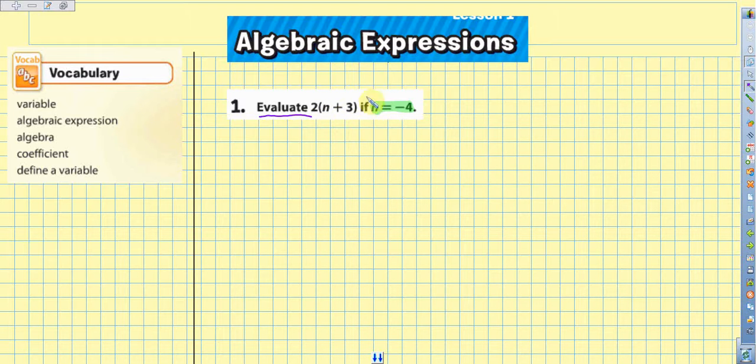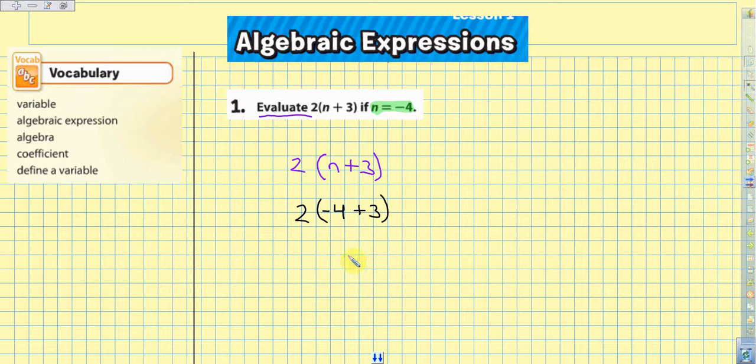So some of you might think, oh, we've got to do our parentheses first. And you're right. But before we can do the parentheses first, we've got to take our value for n and place it in there. So our value is going to be negative 4, and then we're going to add 3. And when we're done, we're going to multiply by 2.